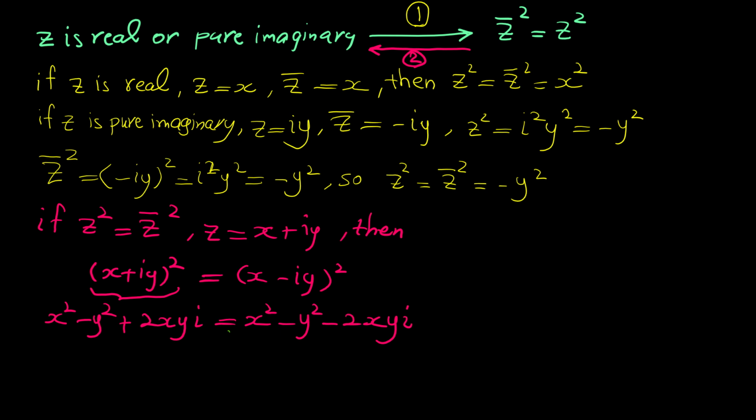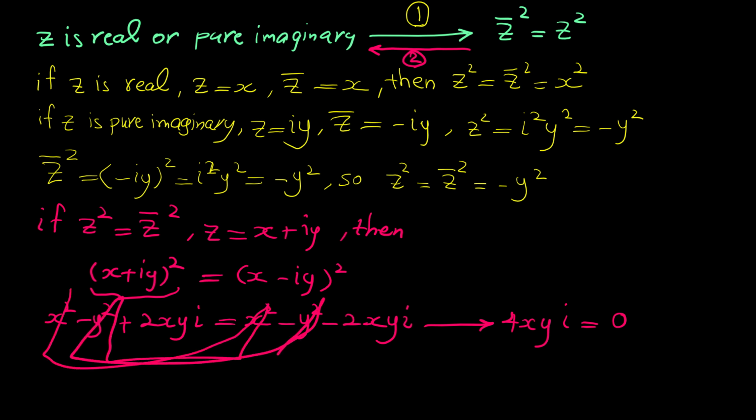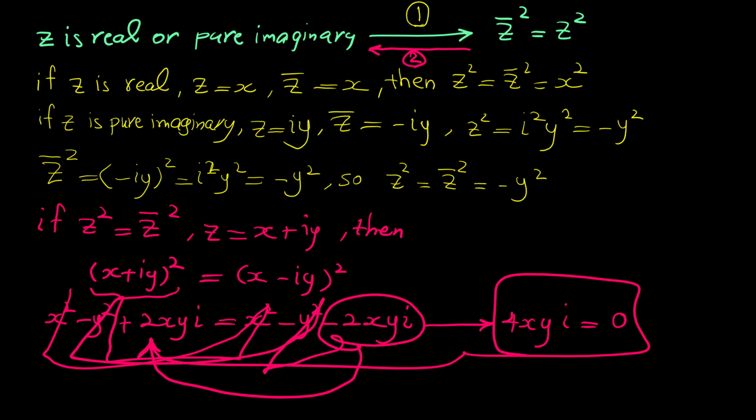Negative y2 and negative y2 also cancel from both sides. What remains if we move everything to the left? We get 4xyi equals 0, because x2 with x2 and negative y2 with negative y2 cancel. When we move these to the left, it becomes positive, so we have this.